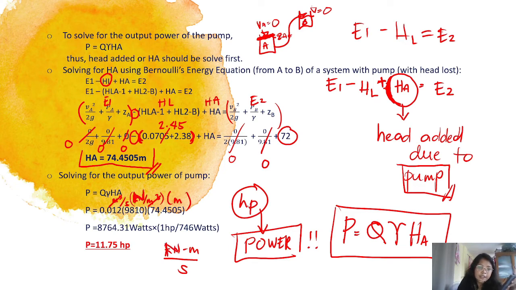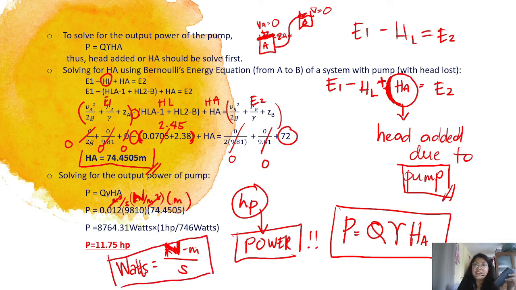Again, newton meter per second. And ang isang newton meter per second, that is your watts. Ang isang watt is equal to 1 newton meter per second. Kahit i-google nyo, sana tama. Pero tama yan. That is a unit of energy or power.